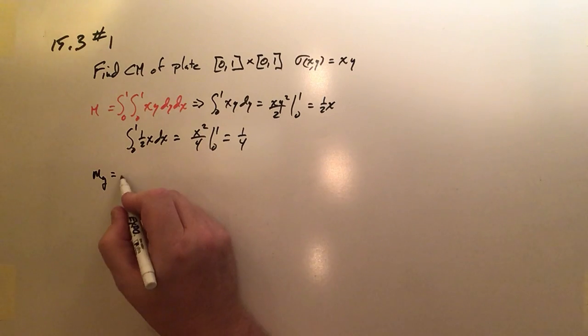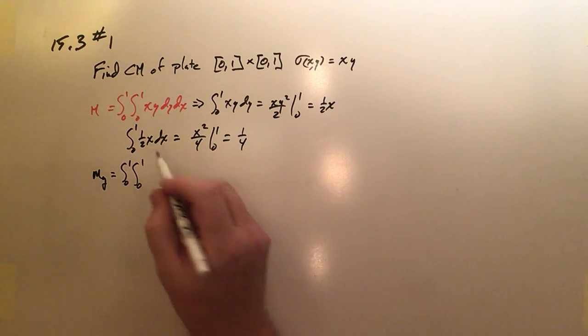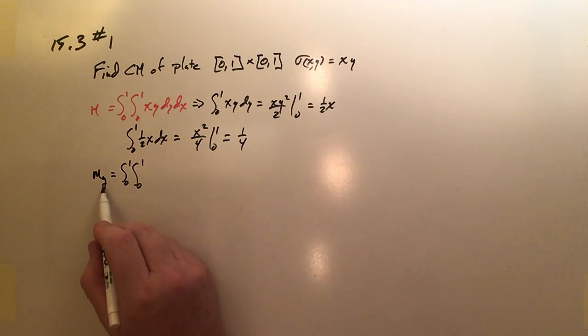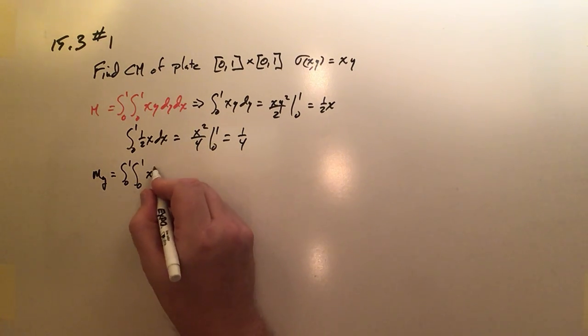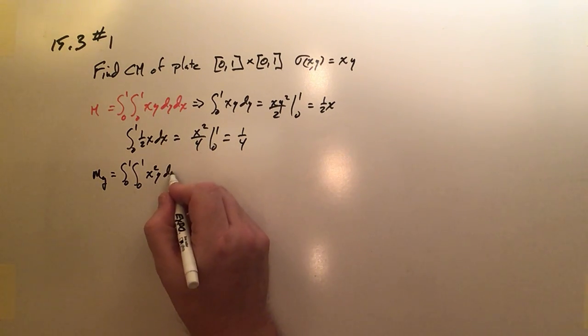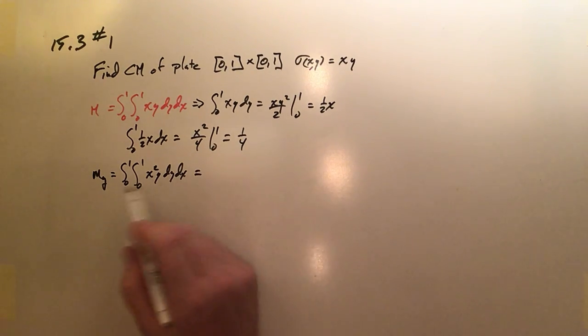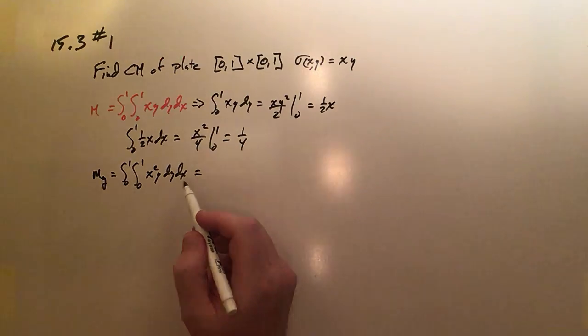So it's the same integral, 0 to 1, 0 to 1. It's just instead of just xy, when we're integrating with respect to the y-axis, we add an extra x. So this is going to be x squared y dy dx. And just to save time, I've already worked out this guy. The My turned out to be equal to 1/6.